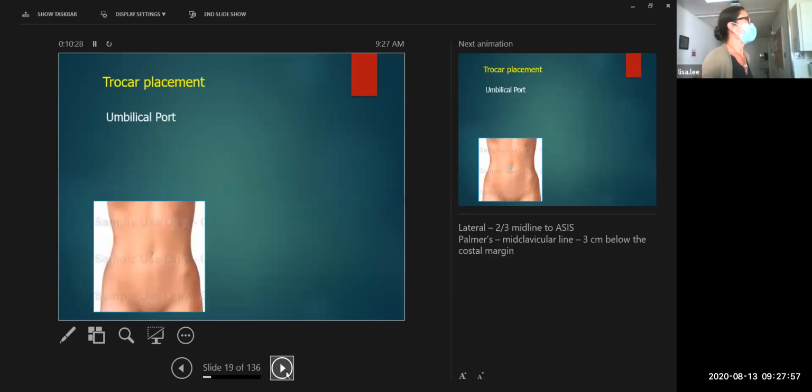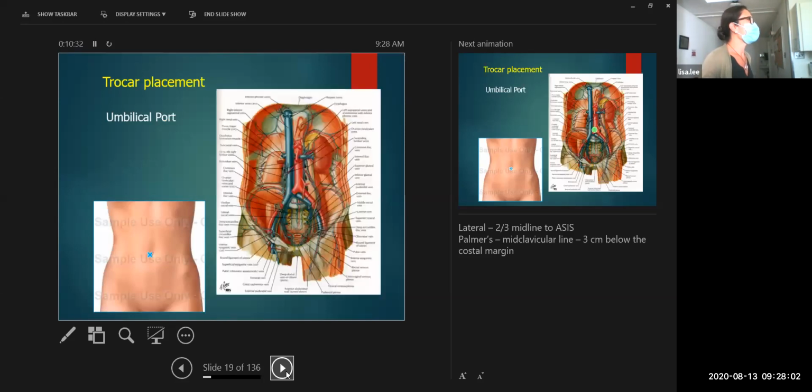So trocar placement, umbilical port, we know where that goes, right, in the umbilicus. What's important to realize when you're thinking about creating these ports is you have to think about what's underneath it. Okay, so do you guys know roughly for your average person what structures lie underneath the umbilicus?